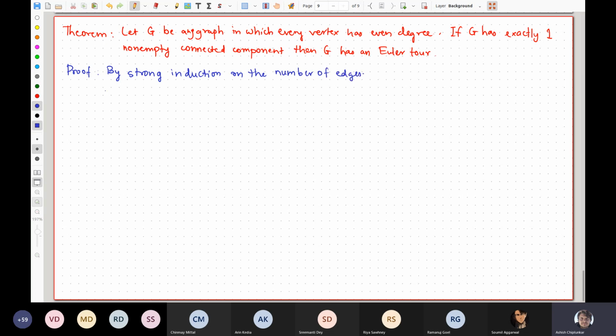Base case: if the number of edges is 0, then the condition that G has exactly one non-empty connected component is violated.